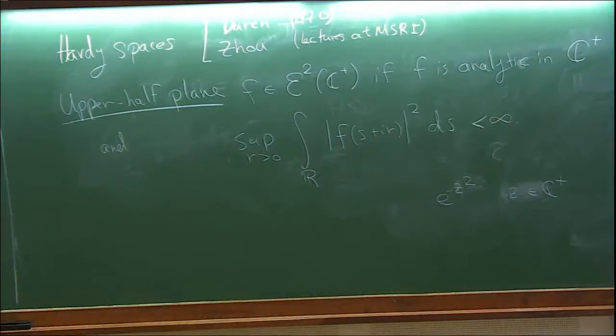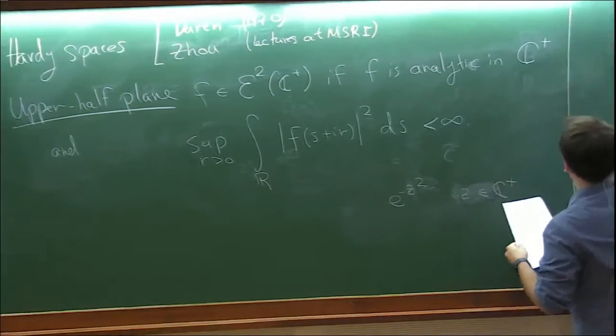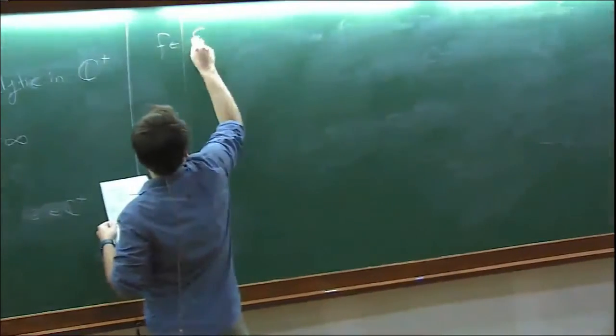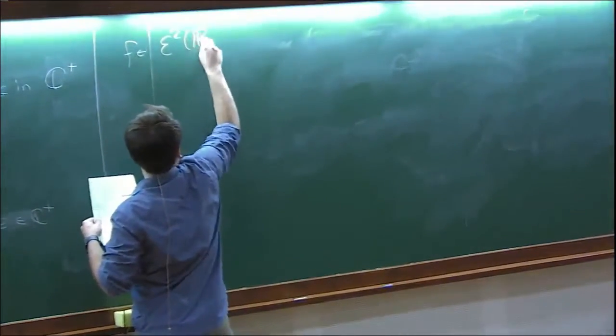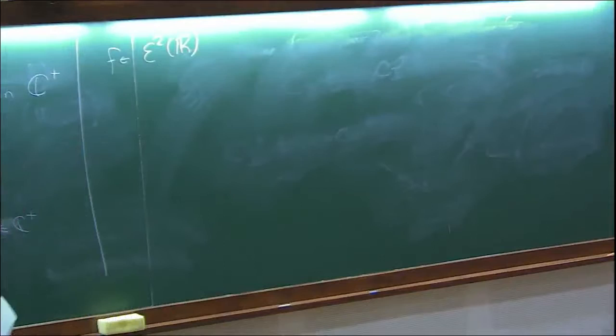And so that's fairly classical, or is very classical, and the notation there is standard. Now the notation I'm going to use is absolutely my own. So then I will say that f is in E2 of R, and I put this in some open set in the complex plane.